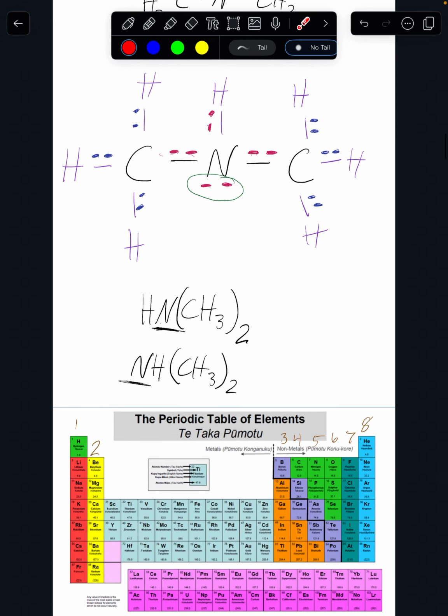However, typically the way you would write it is you would have the bigger atom in the front, then you would have whatever extra is also coming off of it, as long as it's a hydrogen, because that is the only one that could bond to this and still leave this open for more. So then this is bonded to that group CH3 twice, and that is how you can get a structure like this.